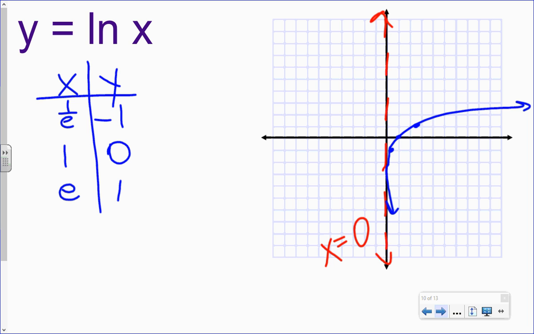Yes. Jade, what is the domain for the natural log? Yep. And just like any other logarithm, our range is all real numbers. Okay? Good question.